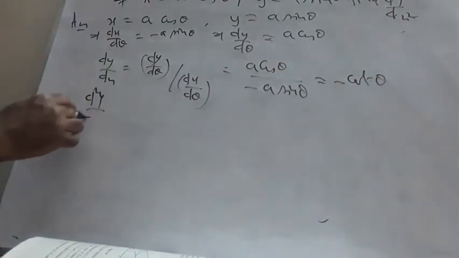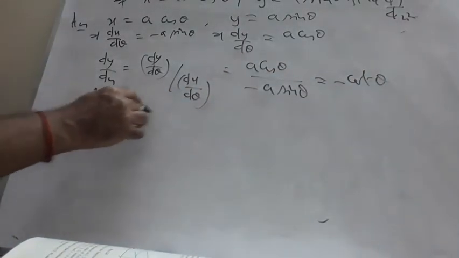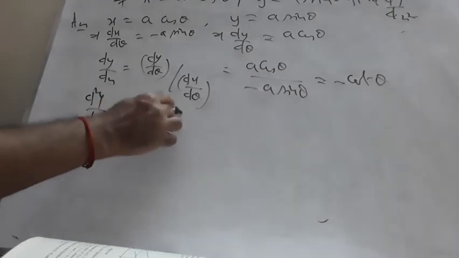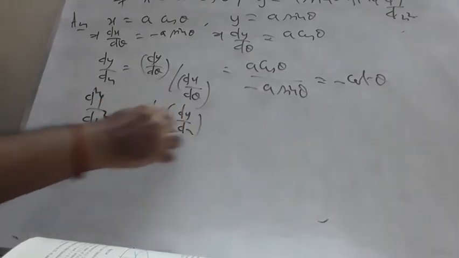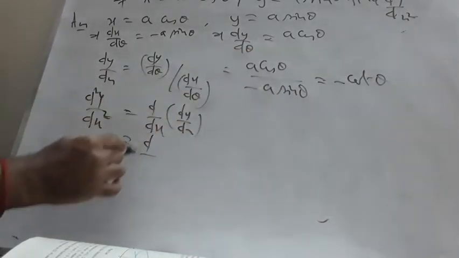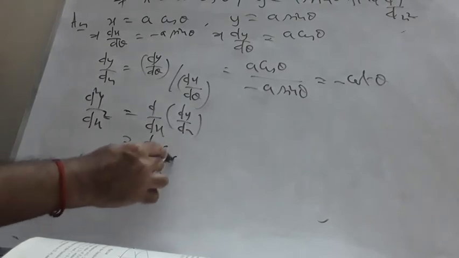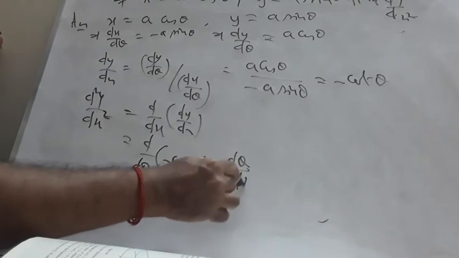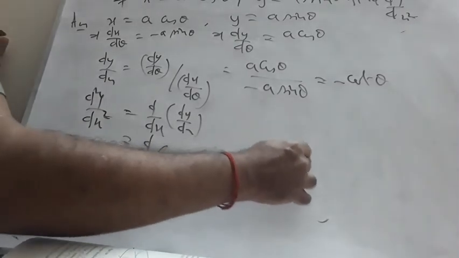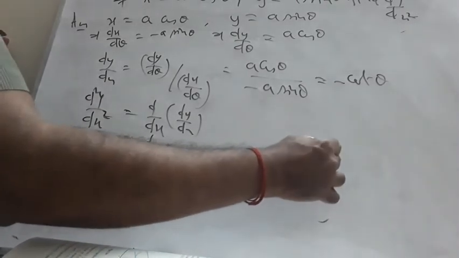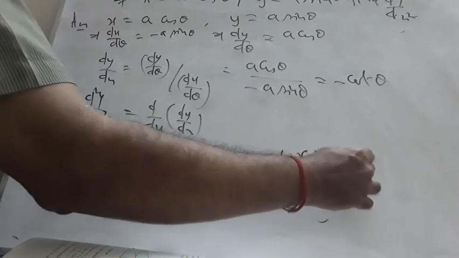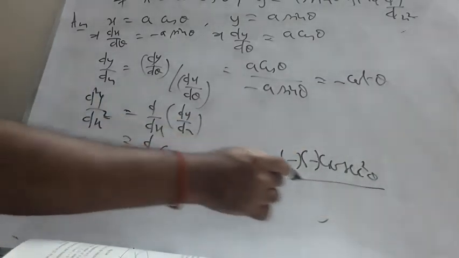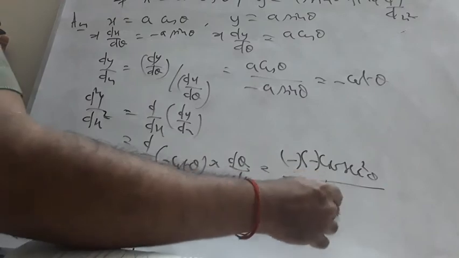Now similar to the previous case, I'll write d²y/dx² as d/dx of dy/dx. In terms of theta, this is d/dθ of minus cot θ into dθ/dx, which is equal to minus of minus cosecant square θ divided by dx/dθ.